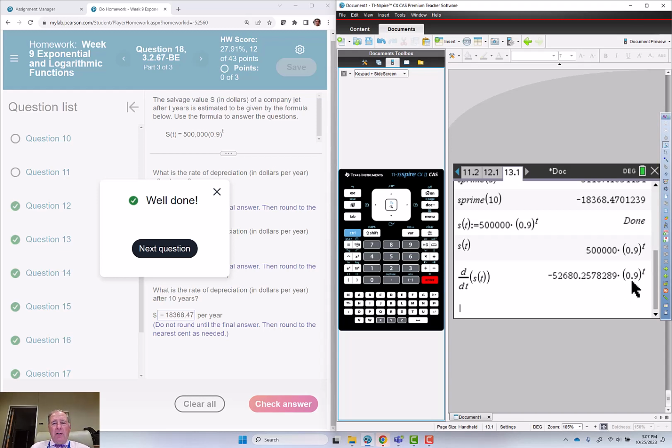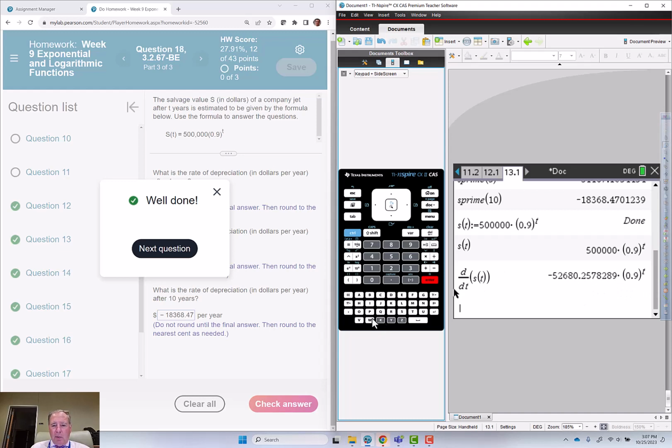So the reason this looks way different is because I've got a decimal point in here. So this did the multiplication of 500,000 times the natural log of 0.9. So if I don't want that strange decimal looking thing there, I can do this.